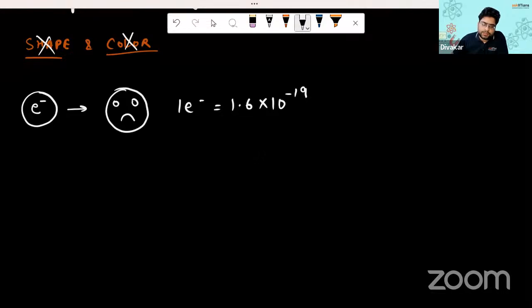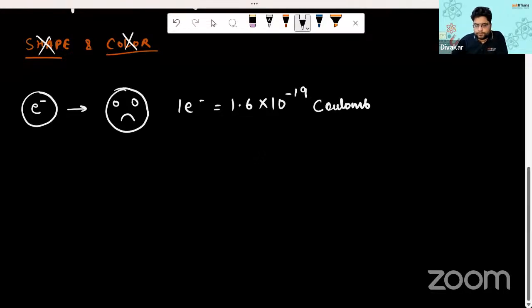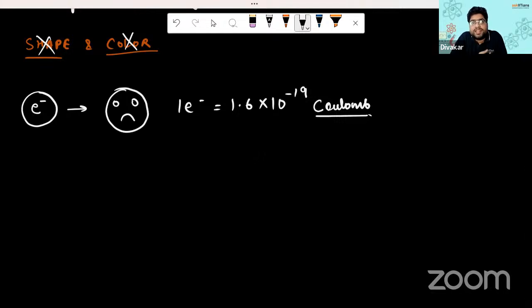The unit for this is coulombs. So what is the unit of charge? Coulomb. And what is the charge on one electron? It's a negative charge, first of all. If you want, you can put a sign here. And the value is 1.6 into 10 raised to the power minus 19 coulombs. The unit is very important: coulombs.